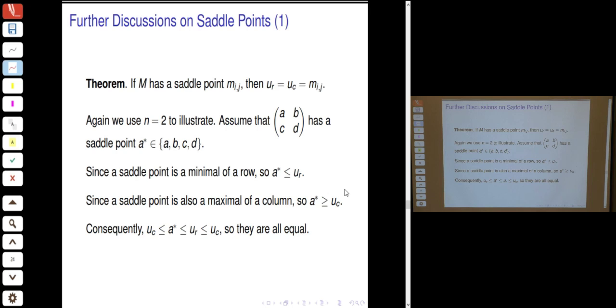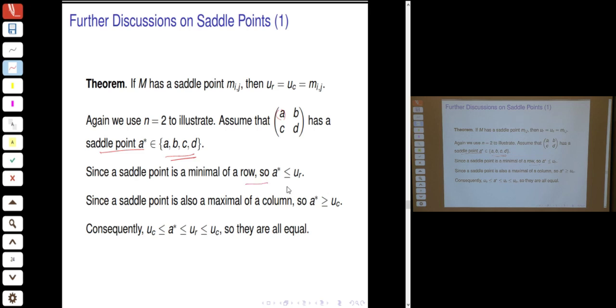So let's do it again in the two strategy case. Suppose A* is a saddle point. If this is a saddle point, then it is the minimum of a row.